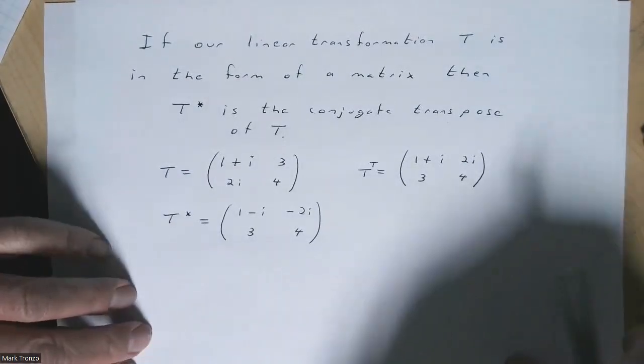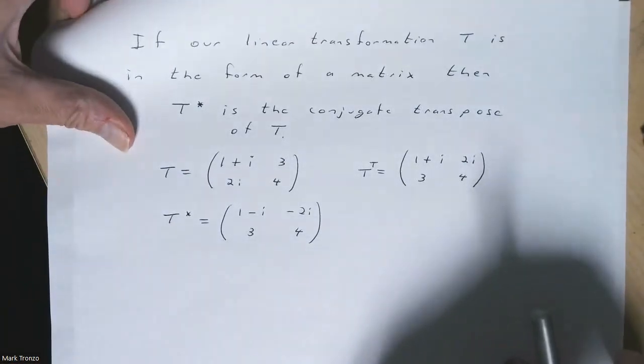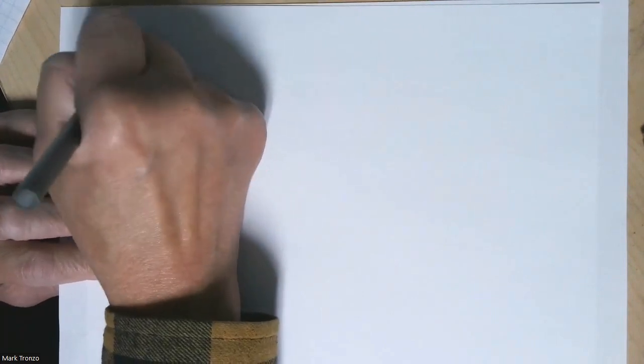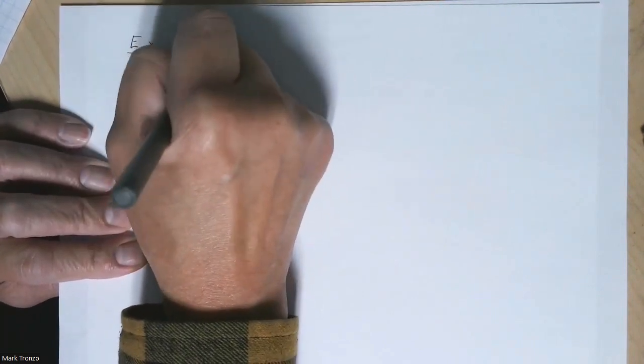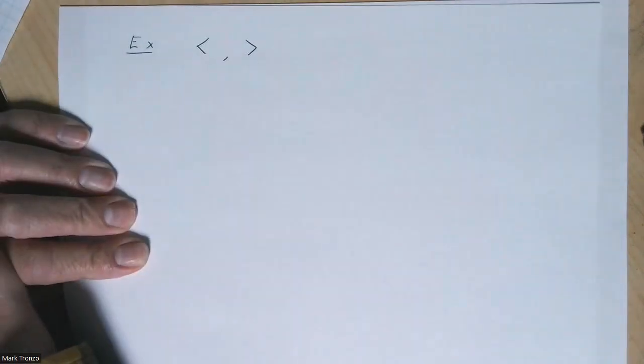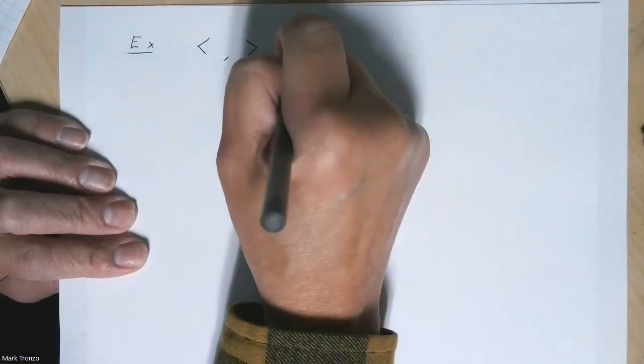And so, for example, I'll use a real simple example where we can see this real easily. I'll just use this example where our inner product is the dot product.